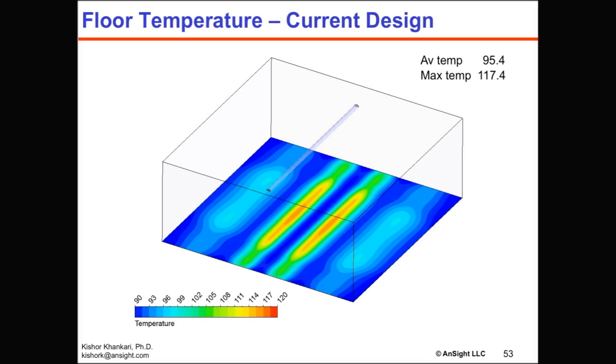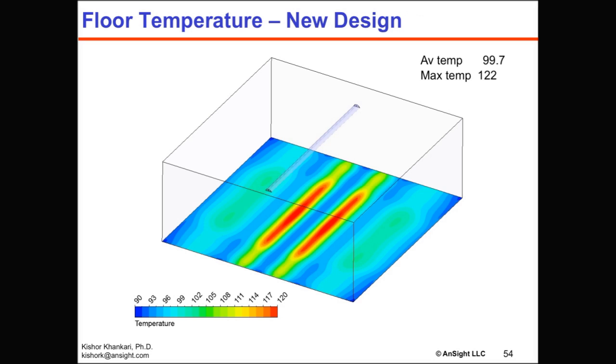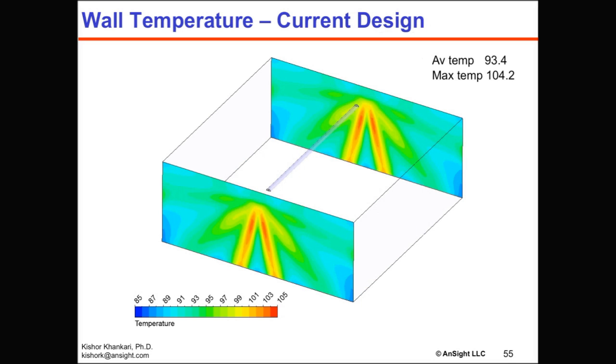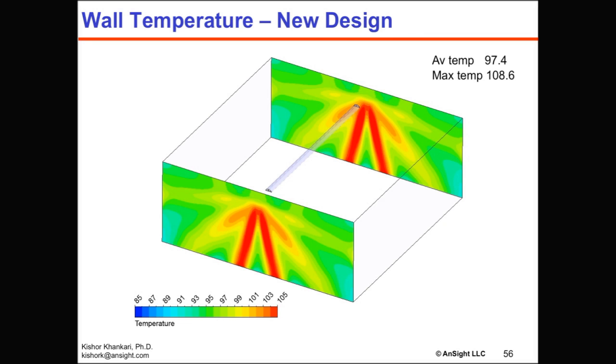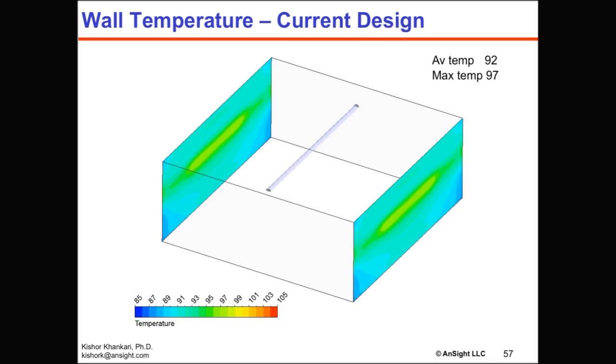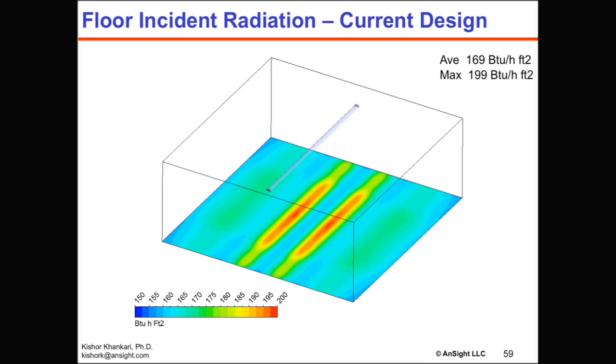This is the current design, the wall temperatures, the floor temperature, and this is the new design. On the side walls, current one and the new one. You see the color difference there. Now, we can also predict how much radiation energy is falling on different surfaces.